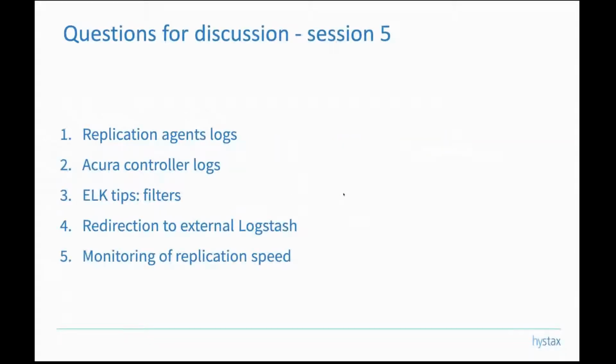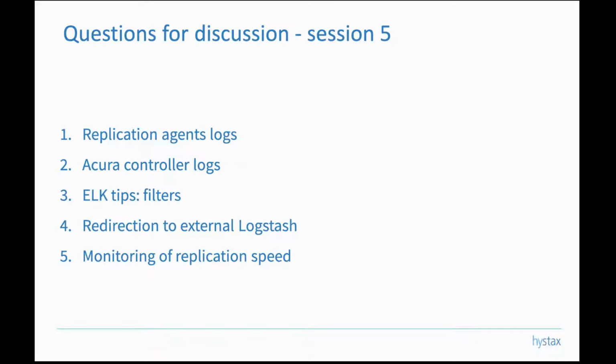Here is the list of questions that we're going to discuss. We'll start from replication agents logs, move to Acura controller logs, where we store them, how to find them, and how to filter them. Some ELK tips, useful filters that may be used in your work with the solution to monitor and operate the logs.